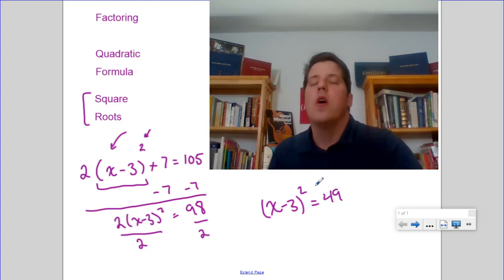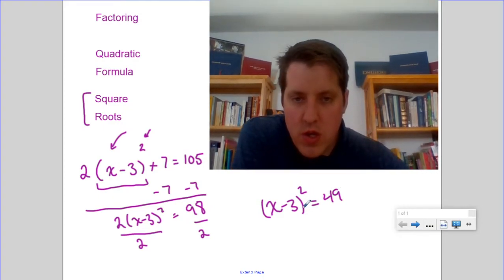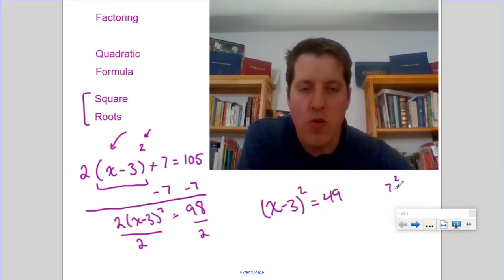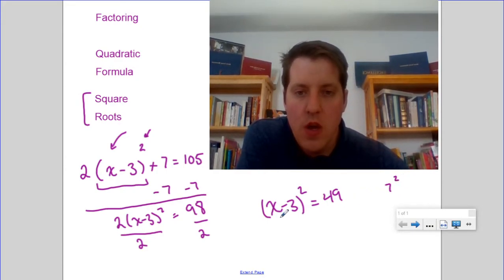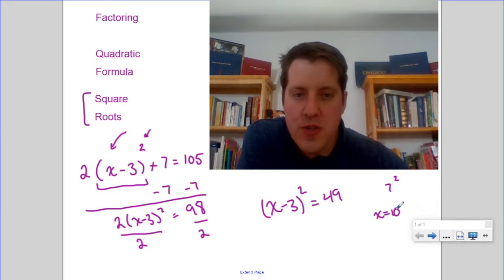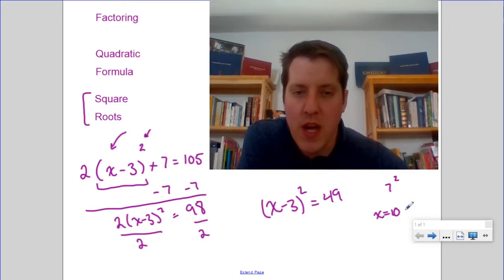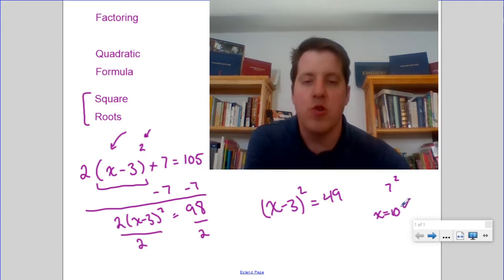Now, when you look at this, you could say, whoa, hold on, I know that 7 squared is 49. So if I plugged in x equals 10, I would do my parentheses first, 10 minus 3, that's 7, and then when I square it, I get 49. So I know that's one of the solutions.